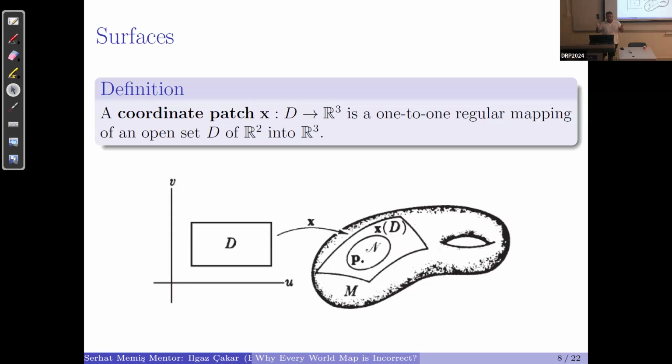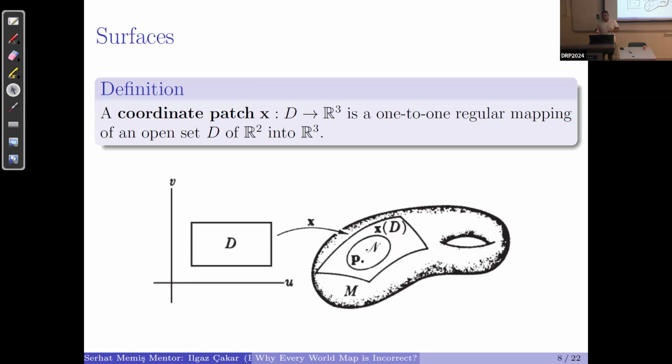So roughly, you can think of D as a rectangular paper. And if you can cover this shape with these papers, then it is a surface. So simply, a surface is that.